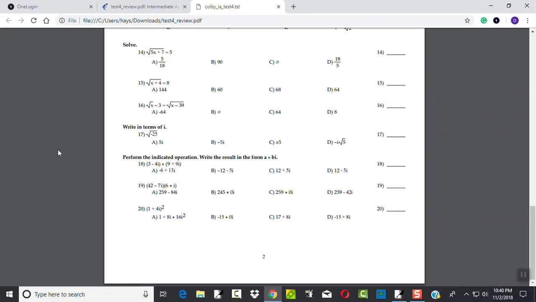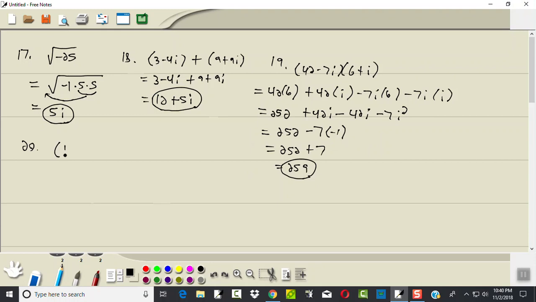Okay, 20. 1 plus 4i squared. Since, again, we have a plus in here, we have to rewrite this as 1 plus 4i times 1 plus 4i. And then we're going to FOIL it. We got 1 times 1. That's our first terms.